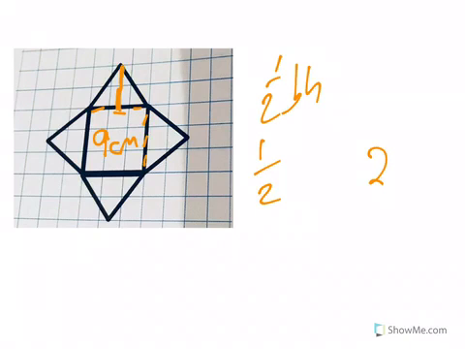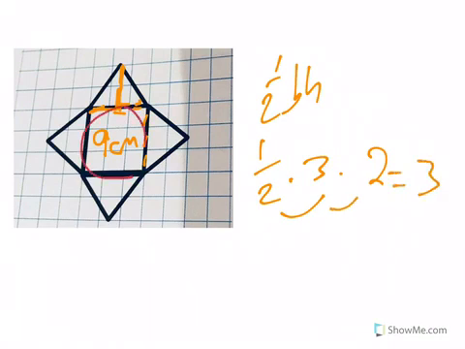And then our base is 1, 2, 3. So we have 1/2 times 3 times 2. 1/2 times 3 is 1.5, times 2 is 3, so we have 3.